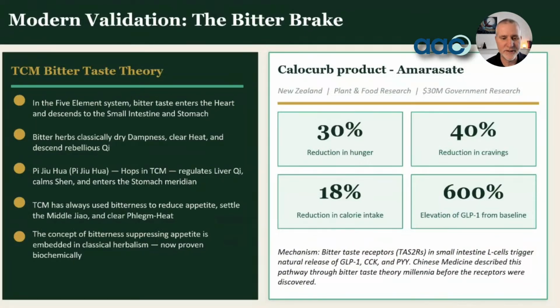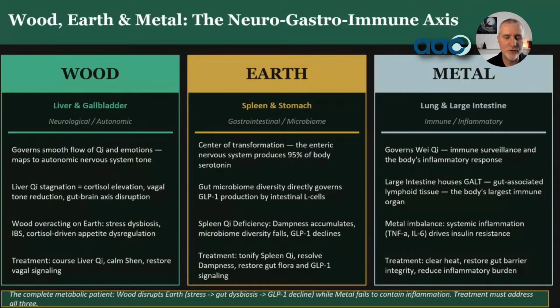So I brought this study just as a way for you to tie things together with research and what we have been doing. I also wanted to bring this because it demonstrates what we've been talking about. If any of you have been following me in Jingshen Pediatrics, we talk about this neurogastroimmune axis, the idea that our immune system, our digestive system, and our neurological system are all connected, and we can chart it in this relationship between wood, earth, and metal.